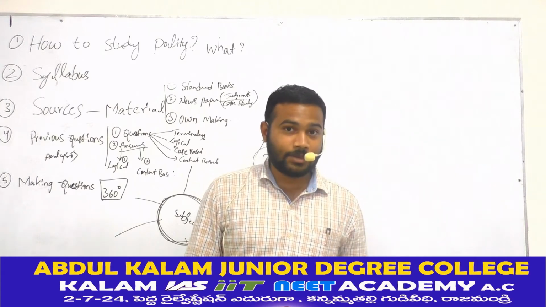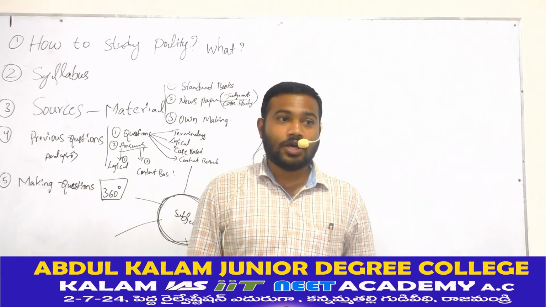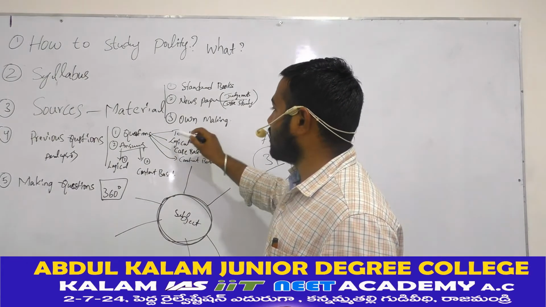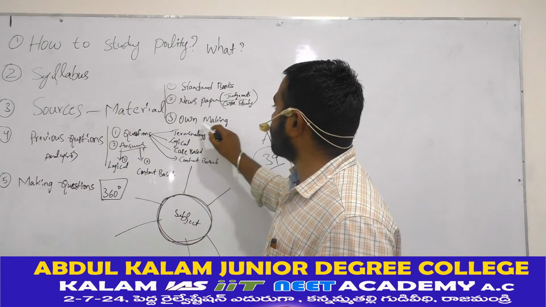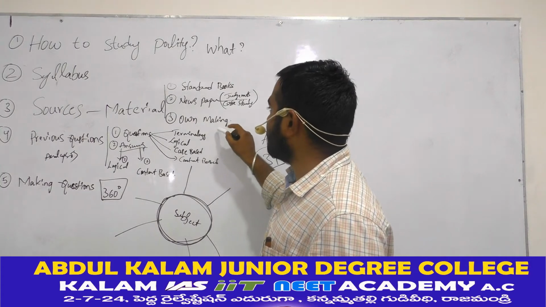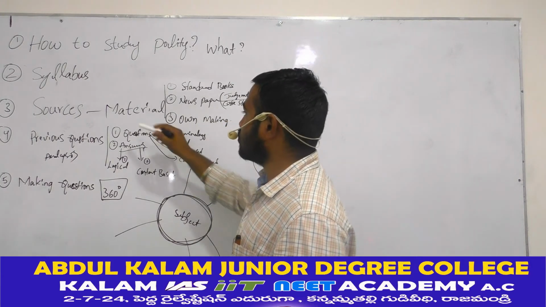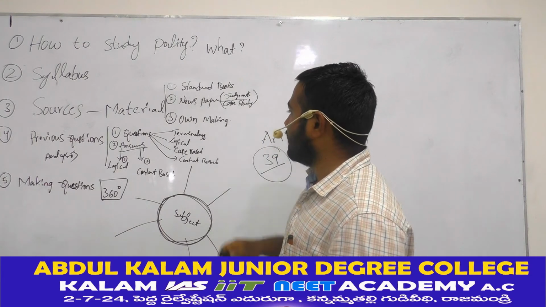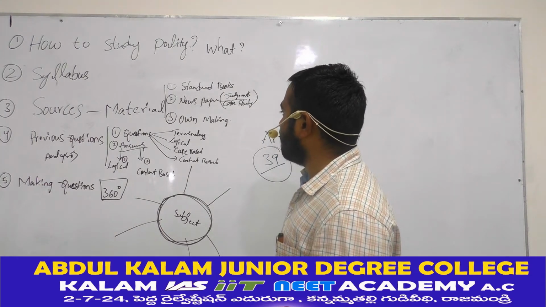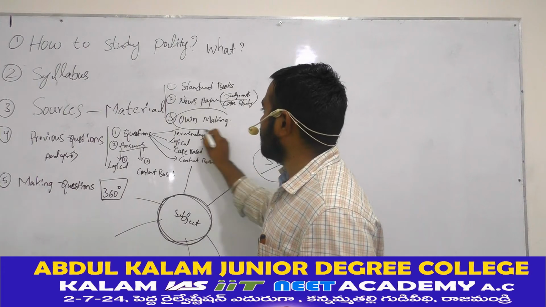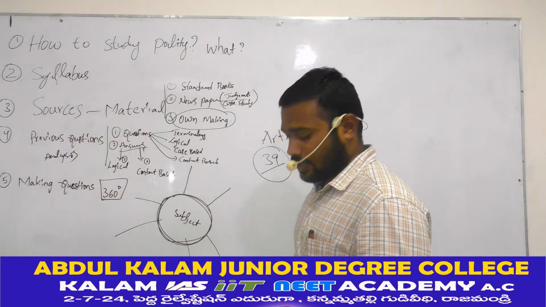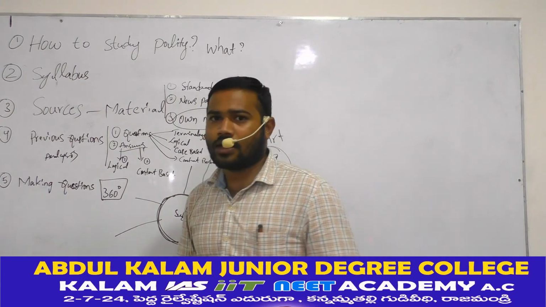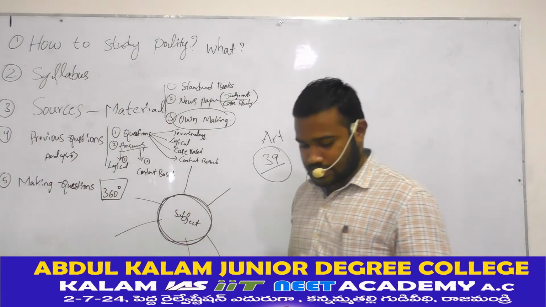Is that because of the amendments? If we are making our own material from sources, we can answer this question directly. Sources include standard books, newspapers and our own making. For this question, our own material gives clarity, and then we can answer directly without hesitation.